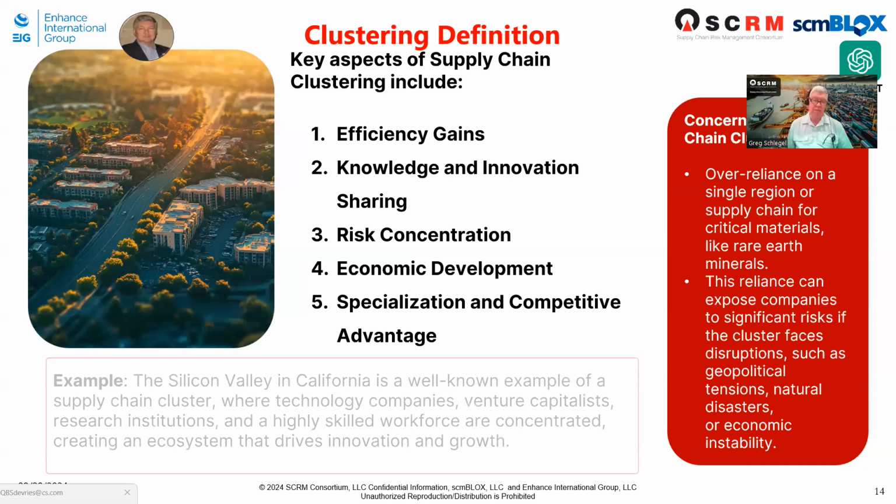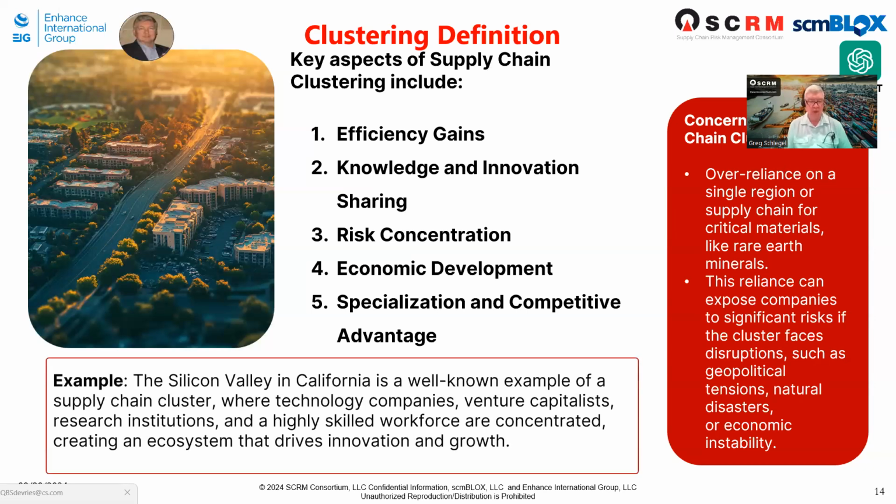A quick example we wanted to leave you with is Silicon Valley here in California, a well-known example of a supply chain cluster. Why? Technology, venture capitalists, research institutions, universities, and a highly skilled workforce, all concentrated in that one arena. We'll talk more about clustering in our case studies. And with that, I'll turn it back to Jim.